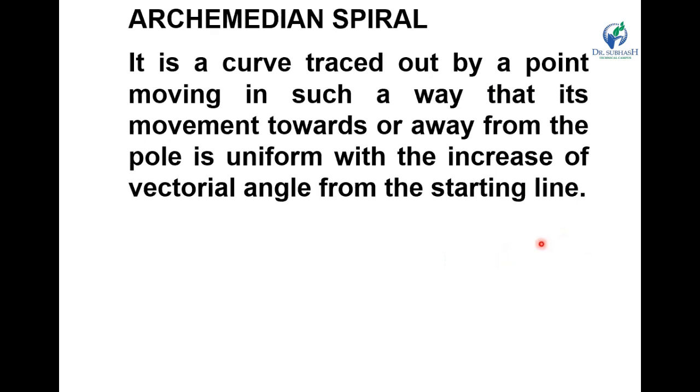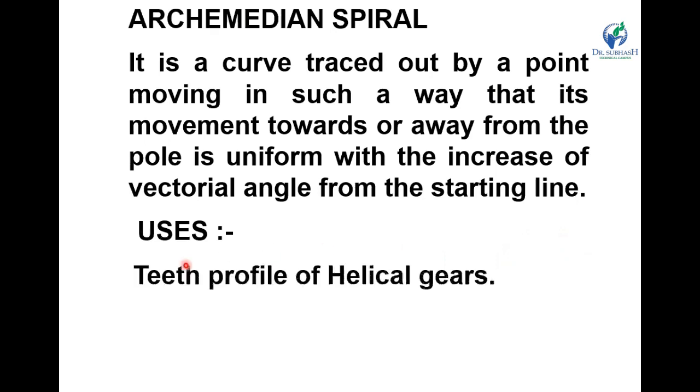This curve is known as an Archimedean spiral. Its uses include the teeth profile of helical gears and the profile of cams. There are a number of uses of this spiral curve.